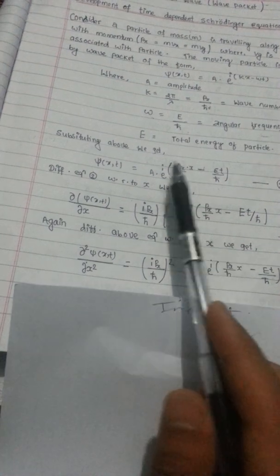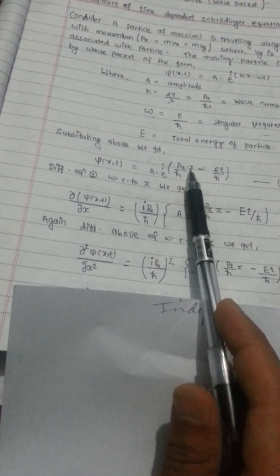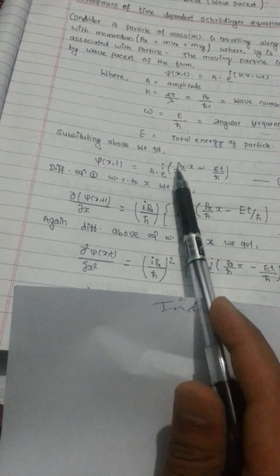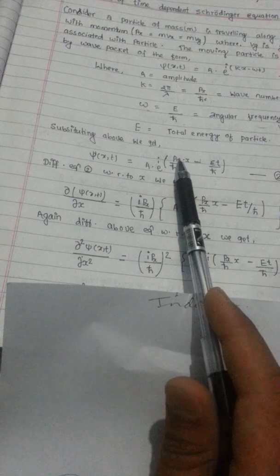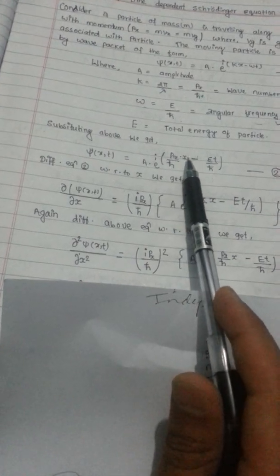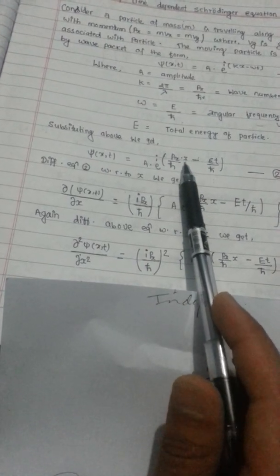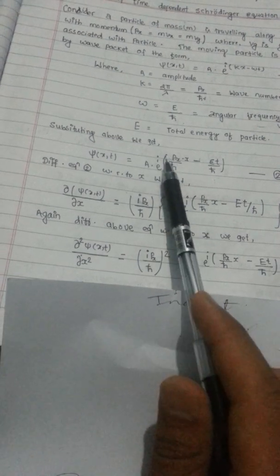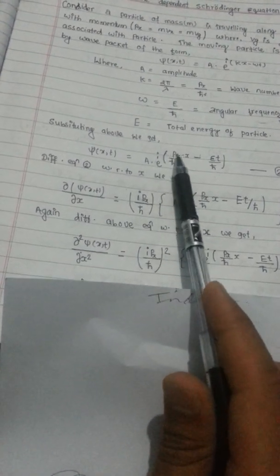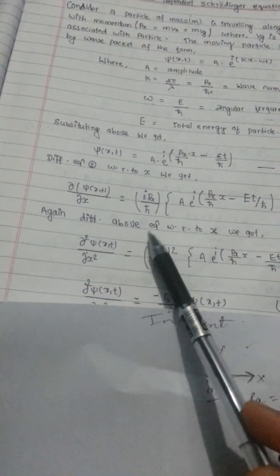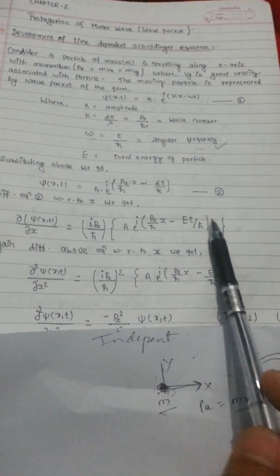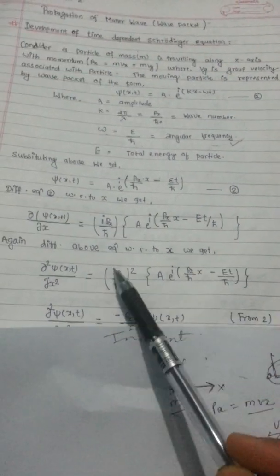Here is a function of time, here is a function of position x, so we differentiate the exponential power i px times x by h cut. Del x by del x cancels, so we obtain only i px by h cut. And again differentiating this equation, we get this result.